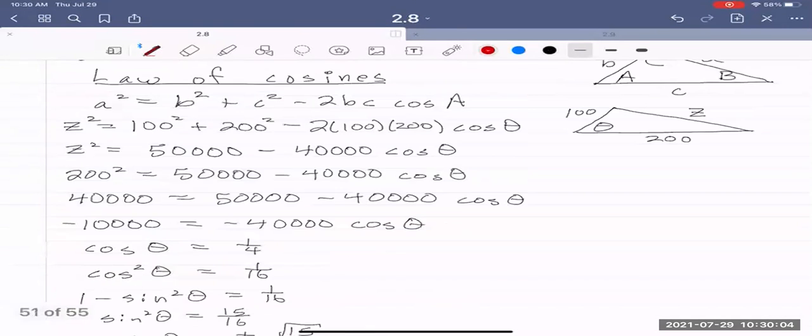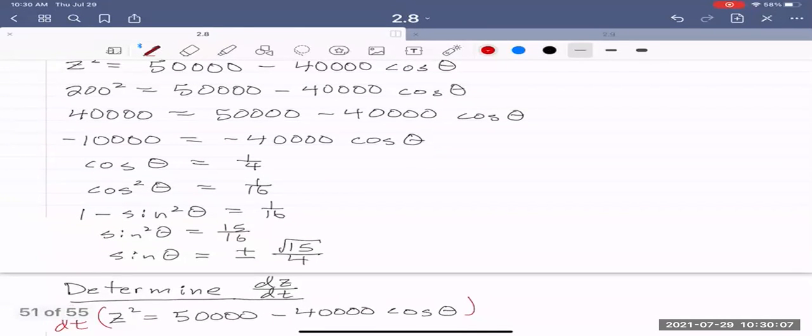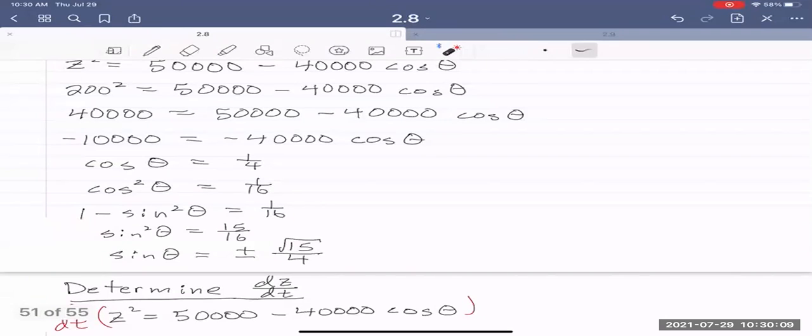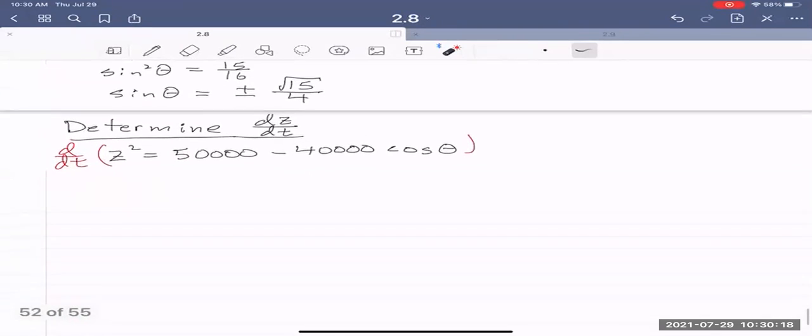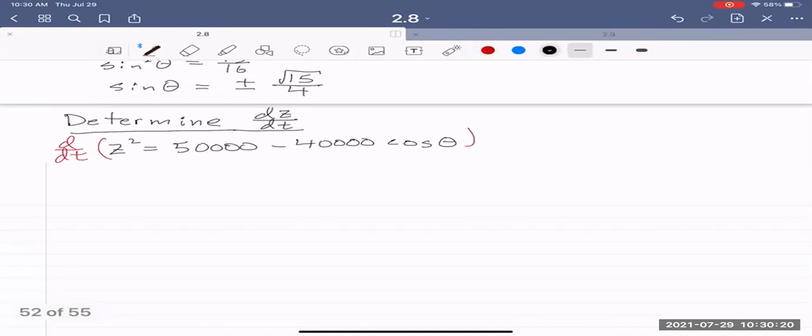I'm just taking this formula and differentiating it. So 2z dz/dt is equal to, well, the derivative of a constant is 0, so the derivative of 50,000 is 0.